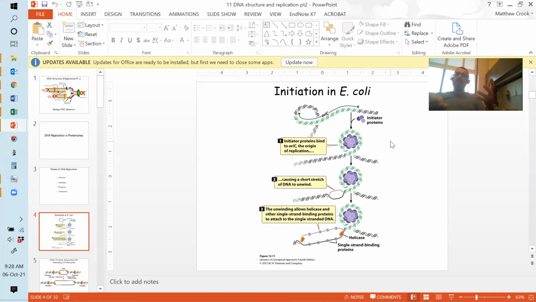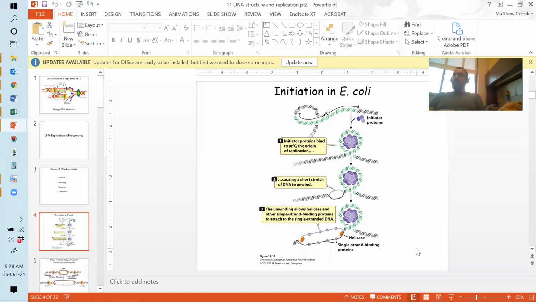Other proteins can come in called single-stranded binding proteins. And really their job is to keep that DNA open. Because otherwise what will happen is the DNA will want to just twist back up again. Just the same as if you let go of that rope or braid or whatever, it will twist itself back into the closed conformation because that's the way it wants to be, right?